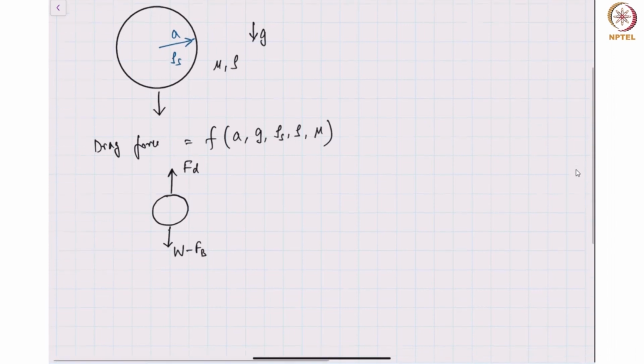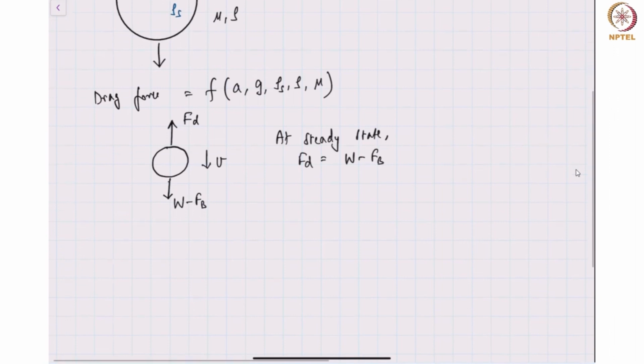Now, if the particle is moving with a velocity of u, I know that at steady state, the drag force will be equal to the weight minus the buoyancy force, right? The velocity of the particle itself would be a function of the differences in the density, the size of the particle, and gravity.